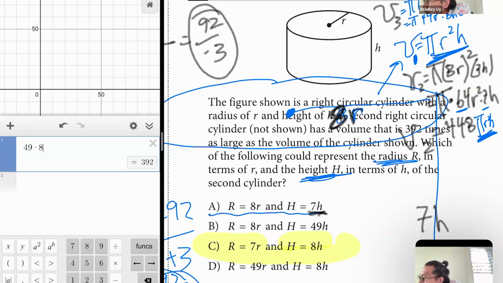This is 392 pi r squared h. Notice the pi r squared h is in common, except this is 392 times greater. The volume is 392 times as large. So the right answer there is C.